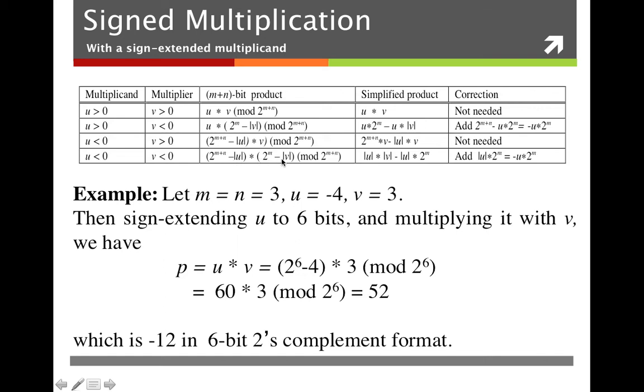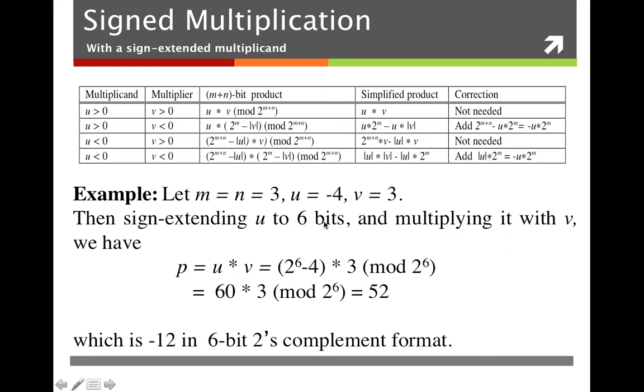The last term will be the product that we're interested in, which is u times v in absolute value, which is this product here. But we also get a minus the absolute value of u times 2 to the m, which still sticks out here. Therefore, this has to be fixed, and we want this to be a positive quantity, which is u times v. That means we have to add this quantity back in. And that's what this term is all about.